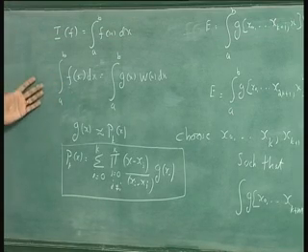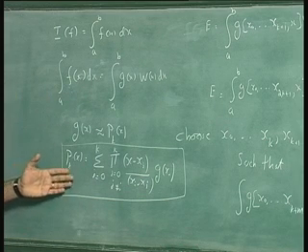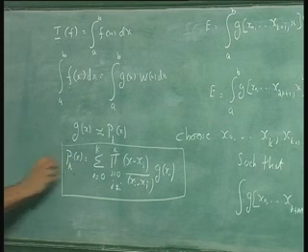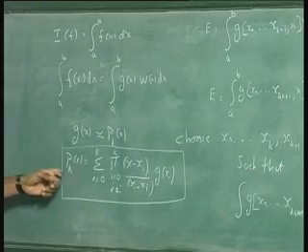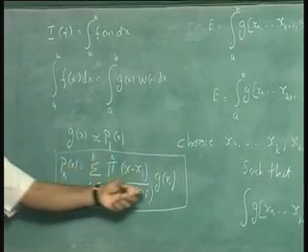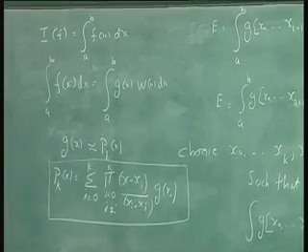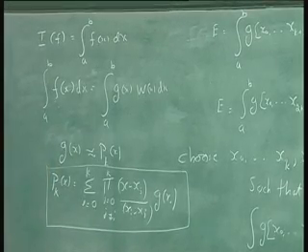So, we will start with the polynomial approximation of the function g of x. g of x is given to us, and we will construct pk of x, the kth order polynomial, first. We will construct this polynomial using this Lagrange form, which we have seen in the polynomial interpolation scheme.